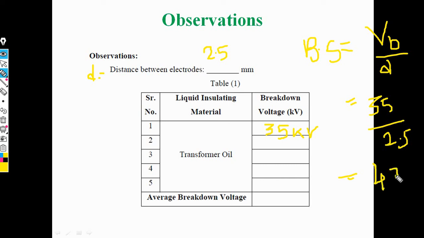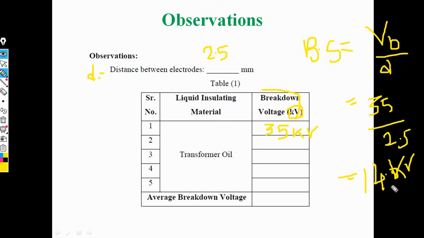I think 40. Is it correct? Now the value we obtain is 40. This value is measured in kilovolt per mm, because the voltage is measured in kilovolt.